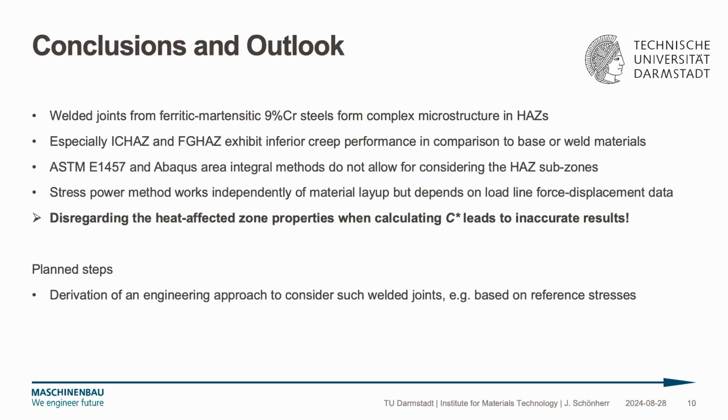In order to conclude, I just want to mention the bold point, to leave enough time for discussion. If you disregard the heat affected zone properties when calculating the C star integral, you get inaccurate results, and therefore there is quite some work to do in order to cope with these welding configurations. Thank you very much.